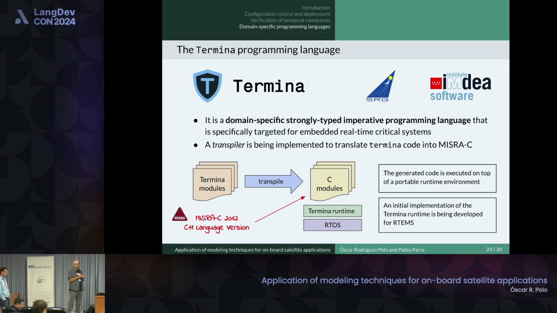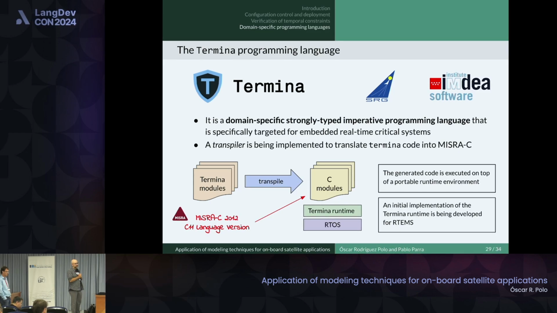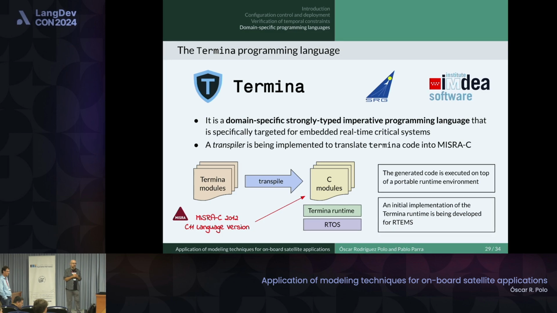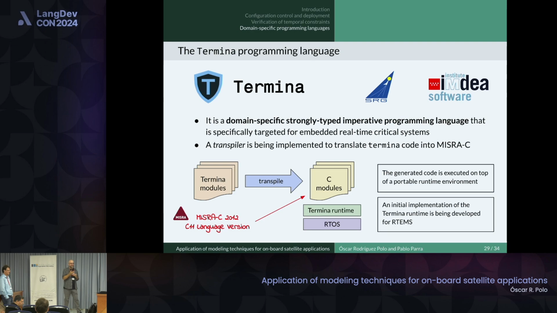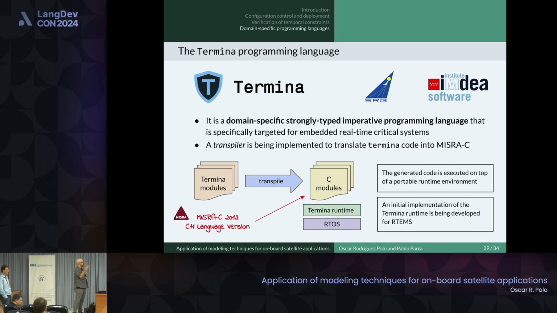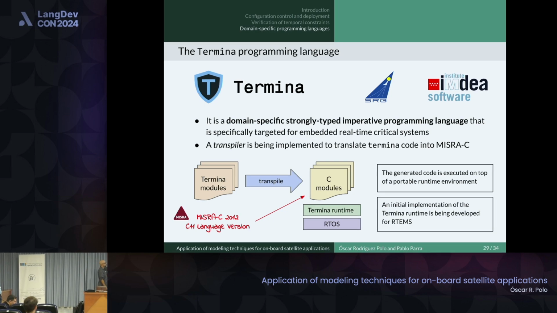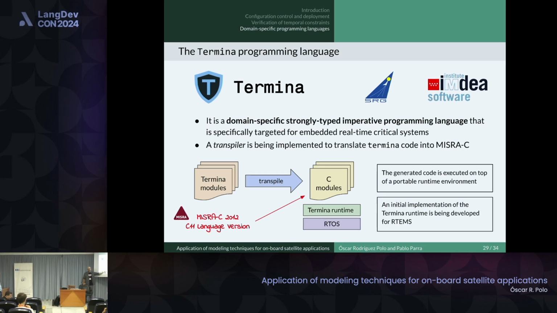I do have a technical question though, if I may. Is your intent to do qualification at the level of the Termina modules, or are you still qualifying the C code that is the output of it, in terms of qualification needs for ECSS? A very nice question. You qualify the Termina. Yes. The idea, in our ideal world with infinite resources, is that we would try to build this transpiler using some sort of certified tooling.